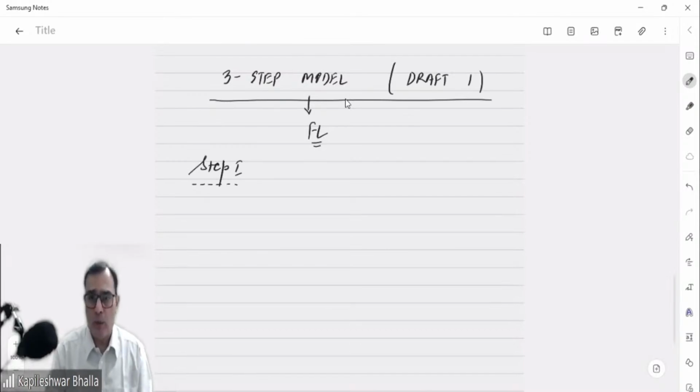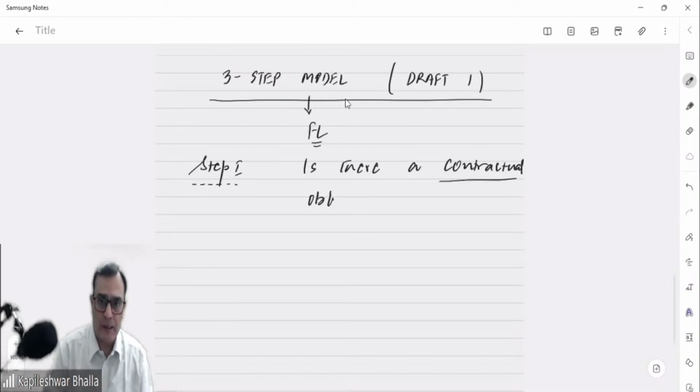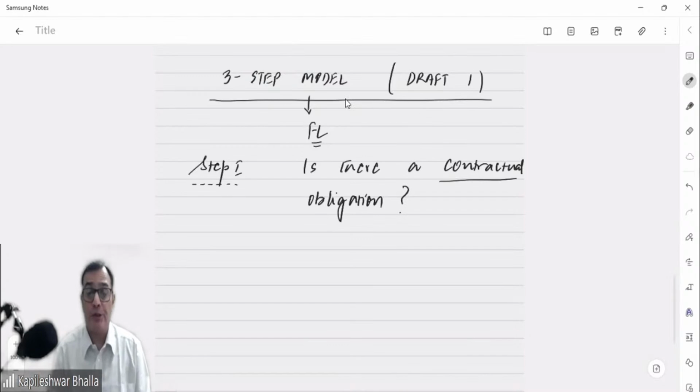So the step number one, which you're going to put across, is: is there a contractual obligation? The first question you're going to put across is, is there a contractual obligation? Please underline the word contractual. I think I've already made myself clear that the obligation is not constructive. The obligation is not legal.